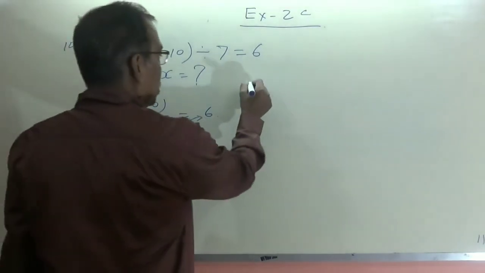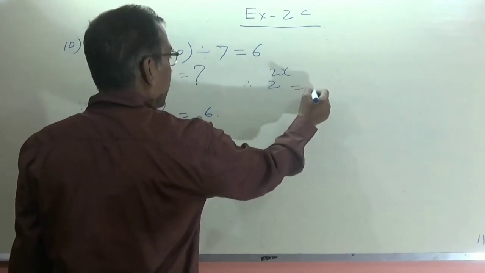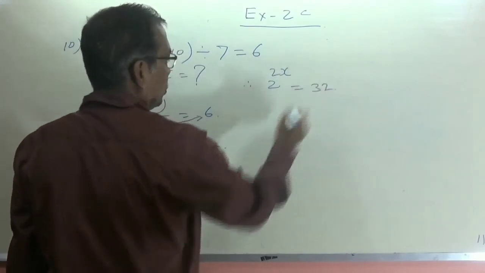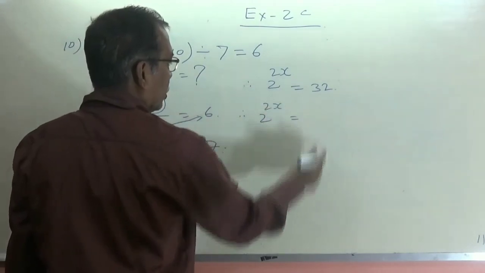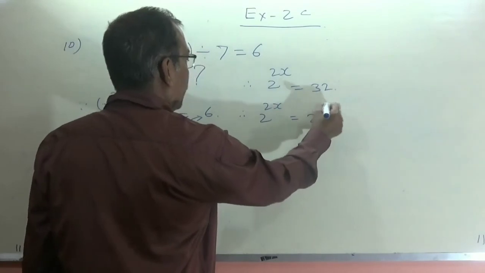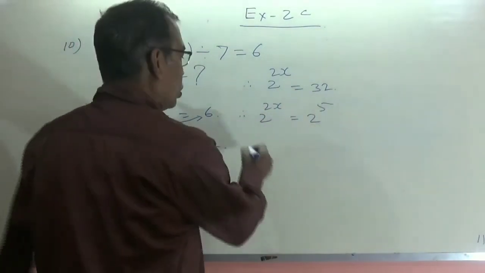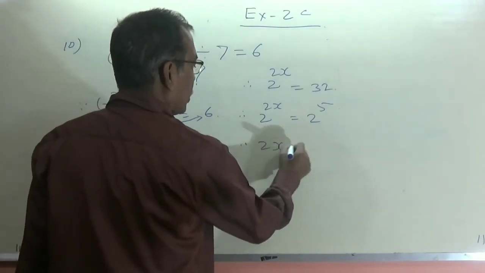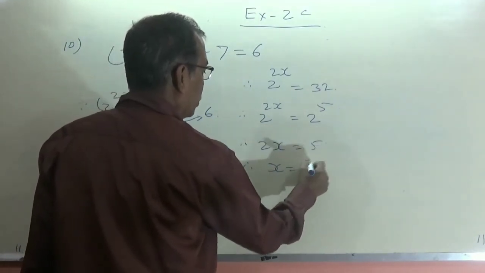So therefore 2 to the power 2x is equal to 42 minus 10 is 32. Therefore 2 to the power 2x is equal to 2 to the power 5. Because the bases are equal, the powers should also be equal. So 2x will be equal to 5. Therefore the value of x is equal to 5 by 2.